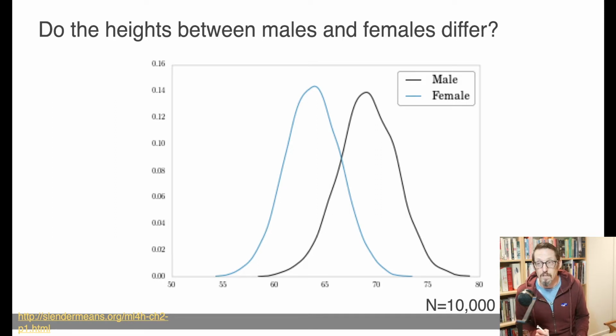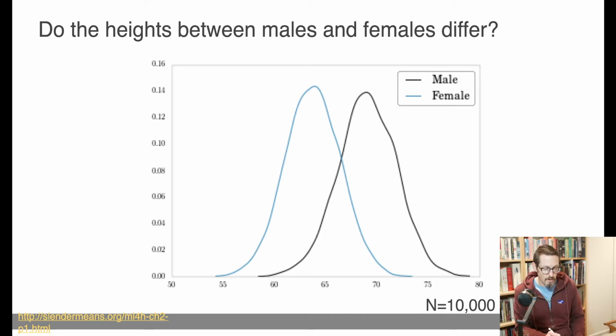Height apparently in inches by those numbers, right? And so most males are peaking somewhere around that 69-inch, 68-inch kind of level. And most females are maybe somewhere like 63. That's where the most of them are.